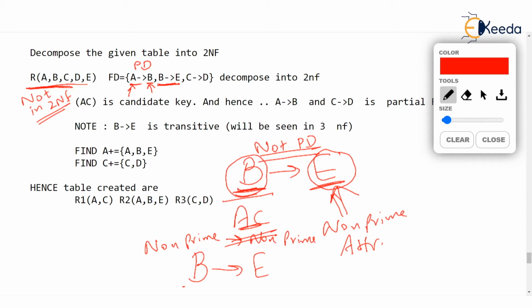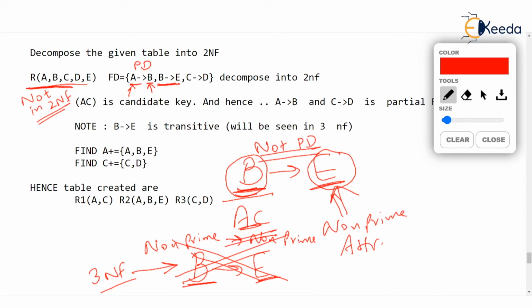What is E? Non-prime. Then a non-prime determines a non-prime. This is not a partial dependency. This is called a transitive dependency, and we will see that this is necessary to be removed. Yes, even such dependencies should be removed, but after removing we will get 3NF. So dependencies like B determines E will be seen in third normal form.